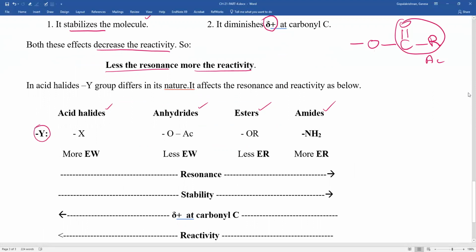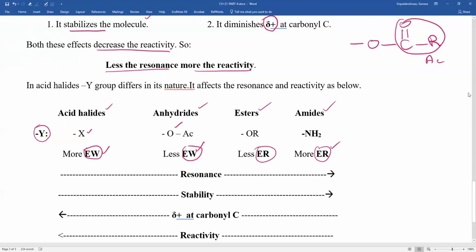Of the four groups, the halogen and the OAc group are electron withdrawing groups, and the OR group and NH2 group are electron releasing groups. Among the two electron withdrawing groups, halogen is more electron withdrawing than OAc. Among the two electron releasing groups, NH2 is more electron releasing than OR.